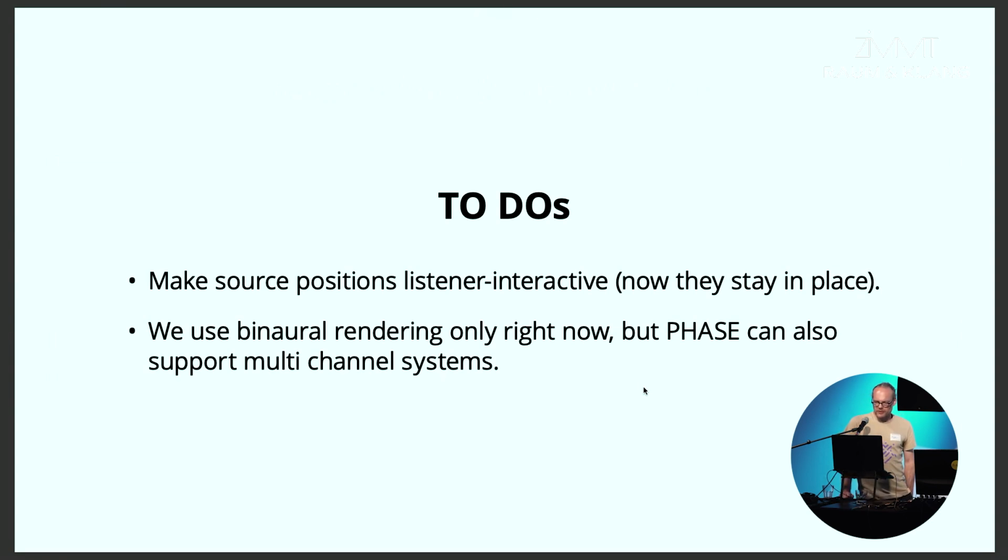We have a few things that we could or would like to do. So one thing right now, when the source position is set, it cannot be changed by the player, but it would be nice maybe, or at least an interesting idea to let the players also play with the position of the sounds. We are also not animating them right now because we think it would be overwhelming.